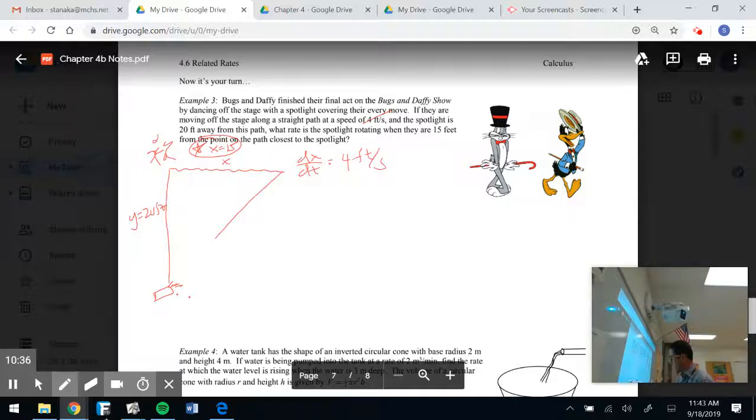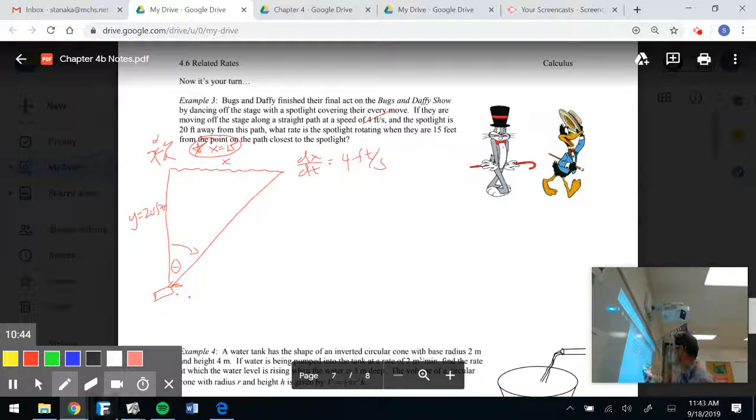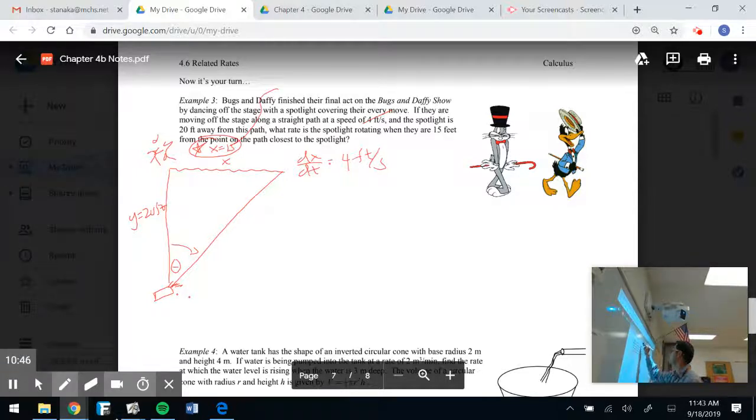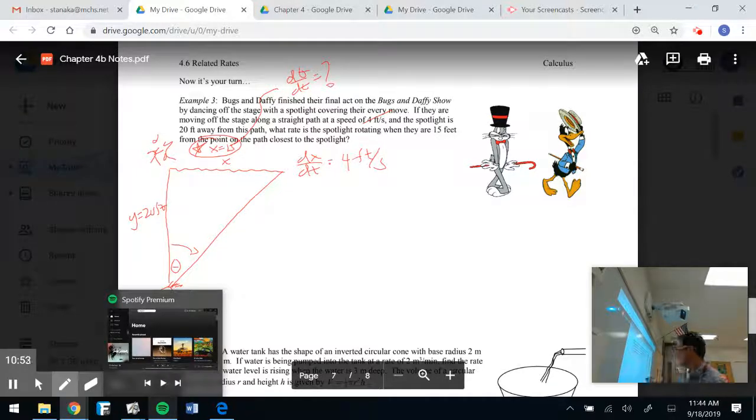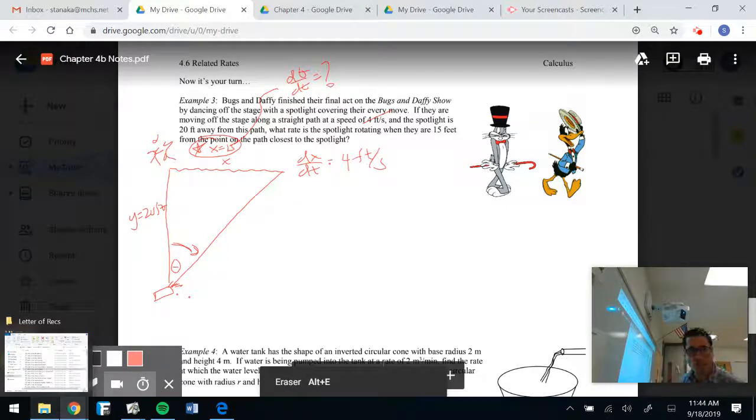And if you look at this thing, what we're trying to find is the rate that the spotlight is rotating. Oh, and let's write that. That's also a moment in question. That's d theta/dt is what we are trying to find, okay? And if you look, that distance is getting bigger, which tells me my final answer better darn well be positive.